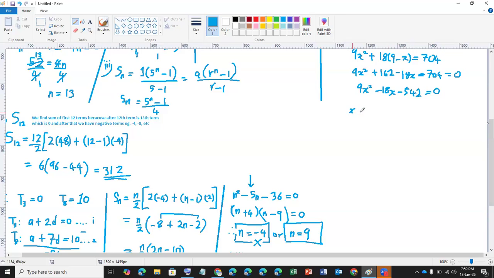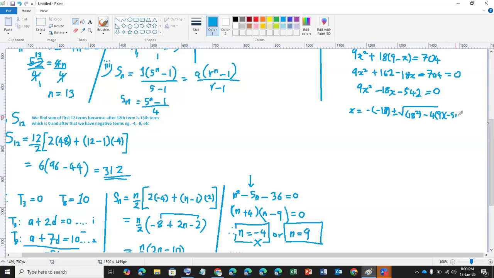So just get your calculator ready. x is equal to minus b, plus or minus square root of b squared minus 4ac, which is 4 times 9 times 540.